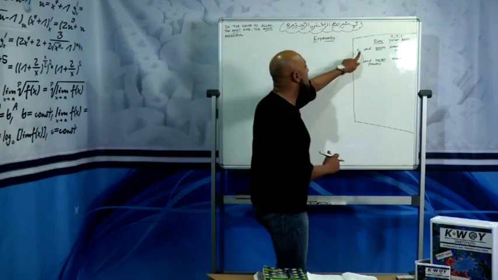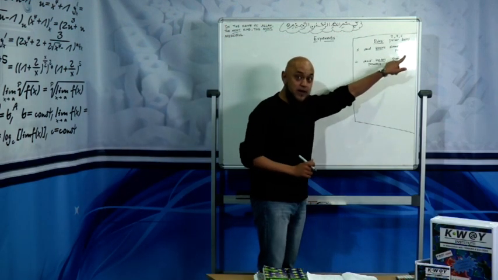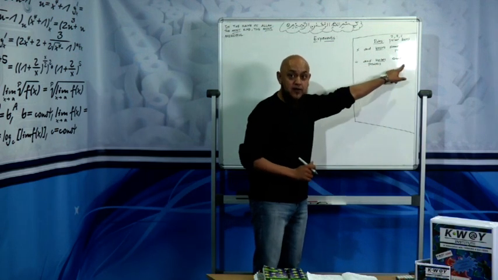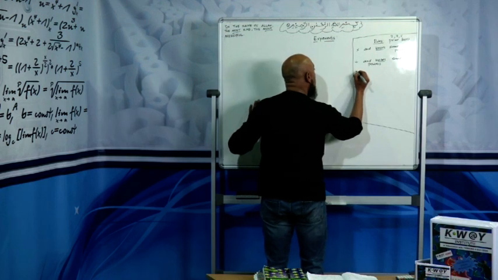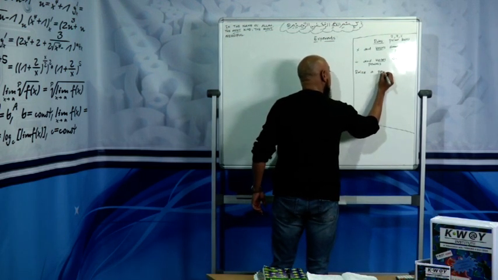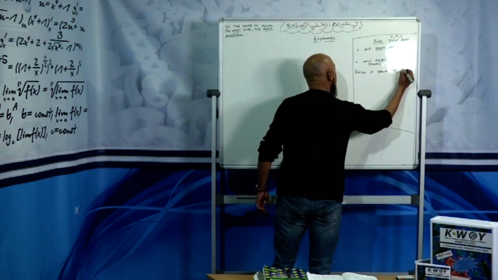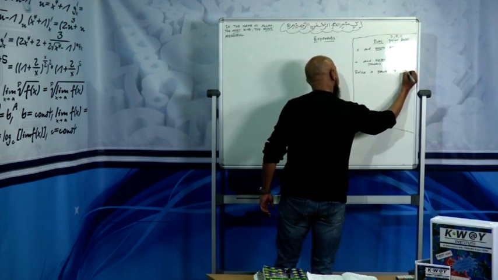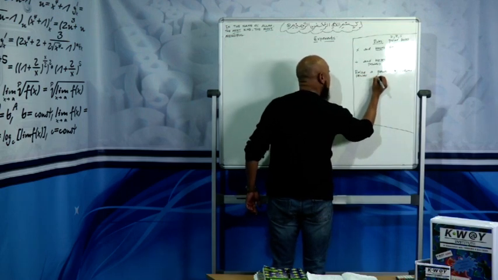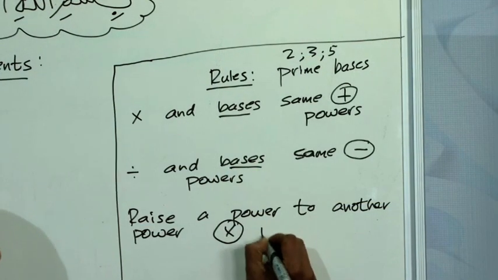So when we multiply and bases are the same, we add powers. When we divide and bases are the same, we subtract powers. When we raise a power to another power, we multiply powers.